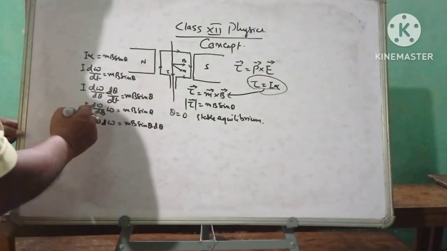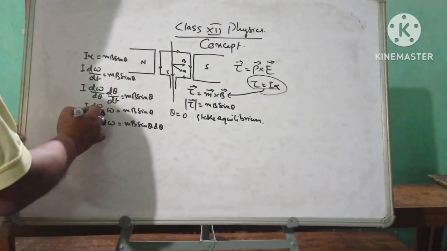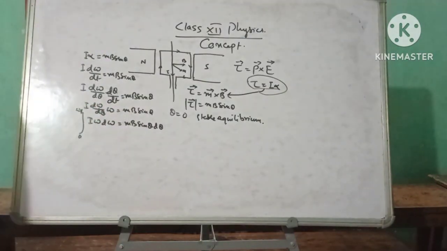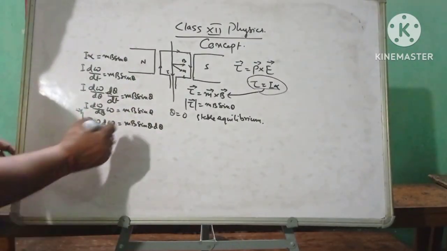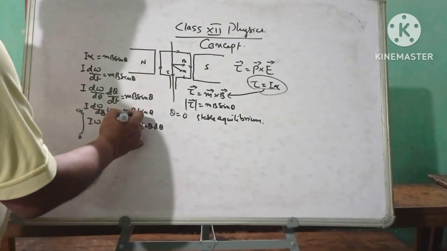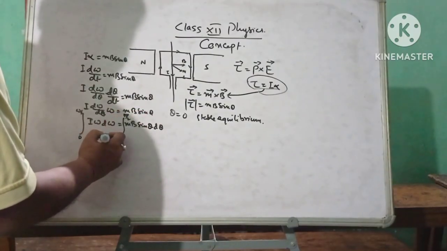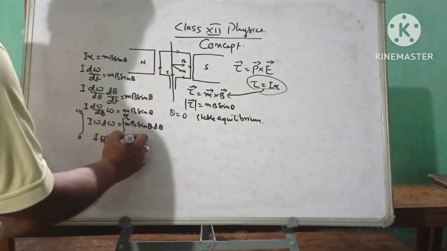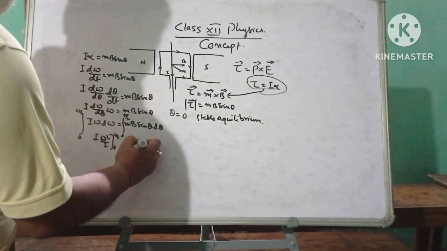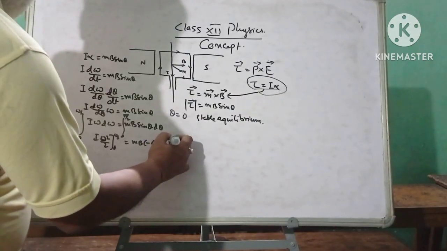Now if you integrate it, that means you want to find what will be your final angular speed when it is rotated through 90 degrees. So 0 to pi by 2. Here you get I omega square by 2, from 0 to omega f, and this will be mB times minus cos theta, from 0 to pi by 2.